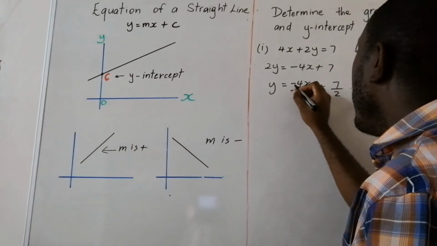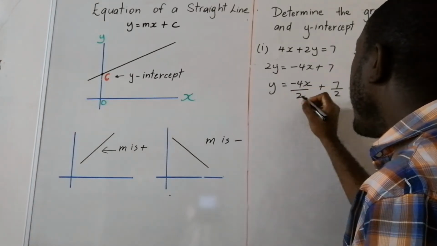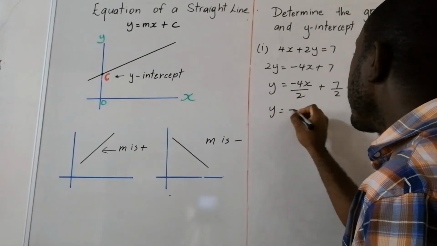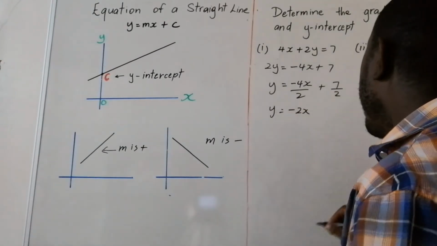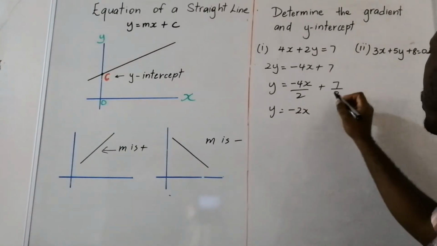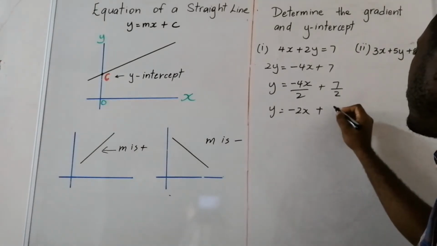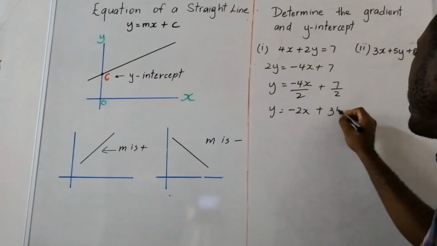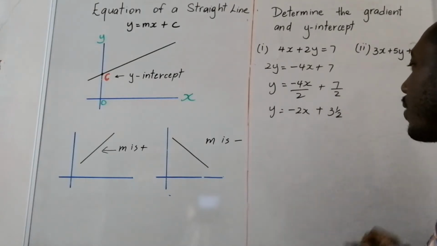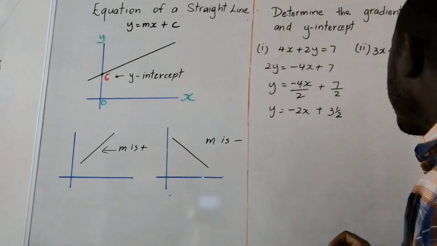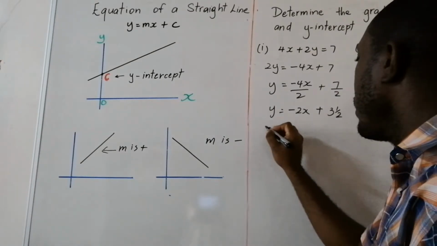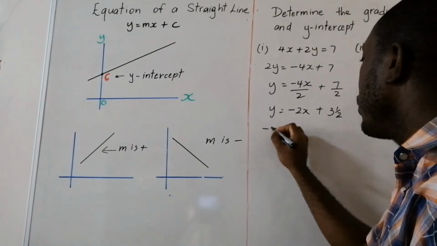Negative 4x divided by 2 will give us negative 2x, and this will give us plus 7 over 2. We can leave it like that, or if we want, we could write 3.5. So here the gradient, in this case, will be negative 2.